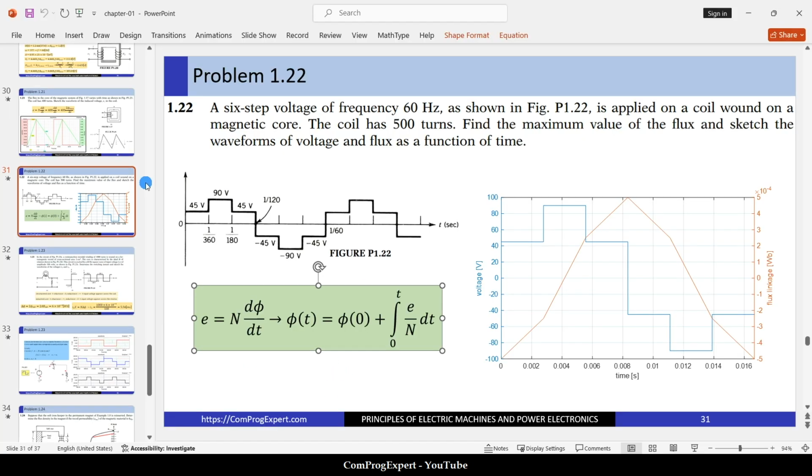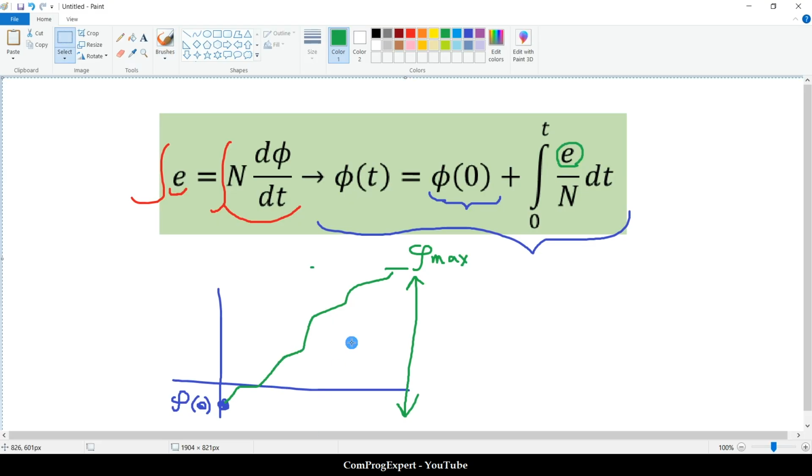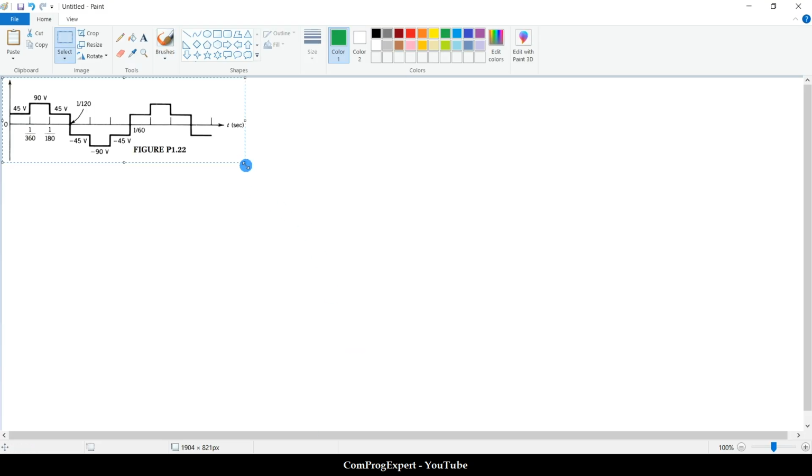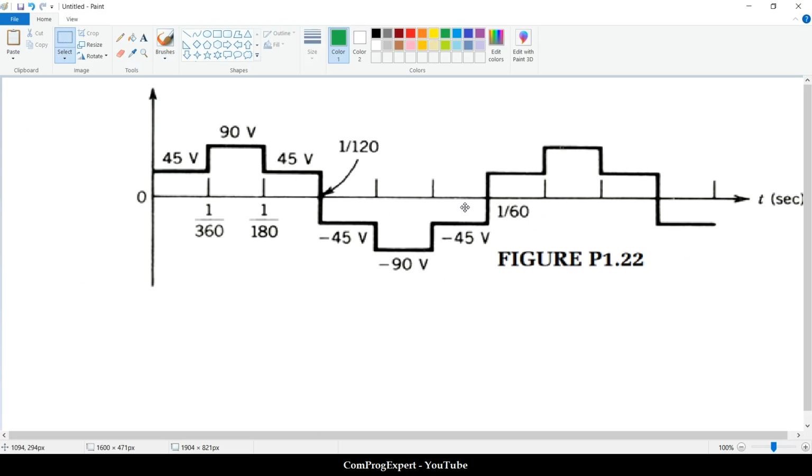So here we have a six-step voltage waveform. Let me copy this. In this interval, the value of E is positive.